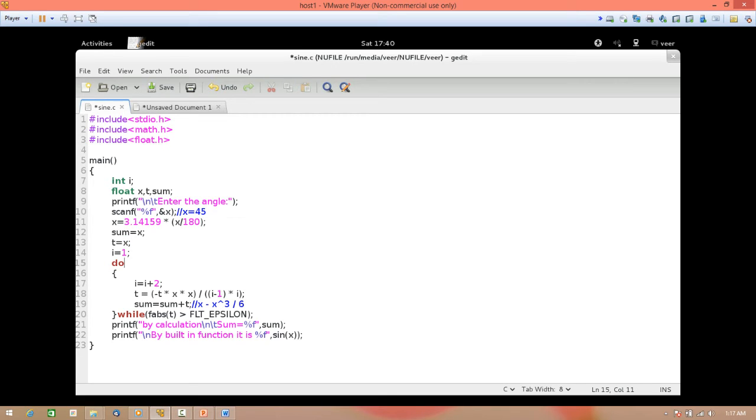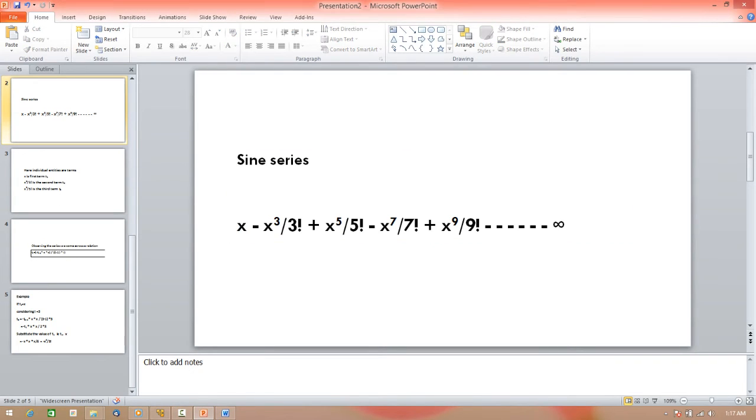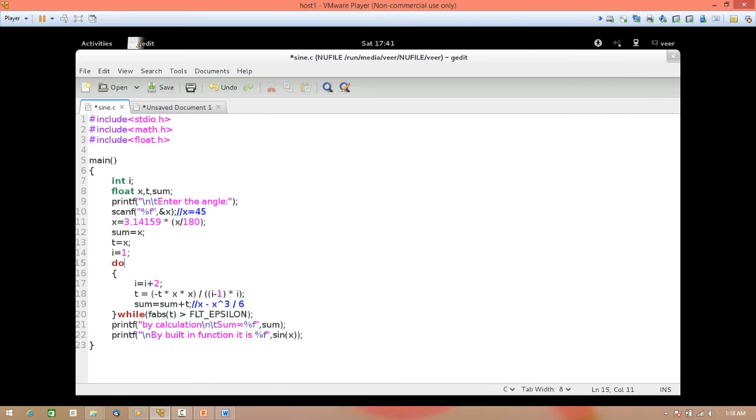Now we have do i equal to i plus 2. So here i equal to i plus 2 refers to the next term. As I said, in the sine series, the subsequent terms have the power with the difference of 2. That is the reason we are considering i to be i plus 2.